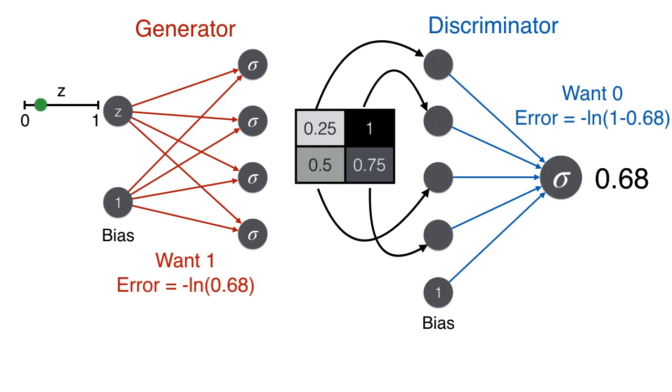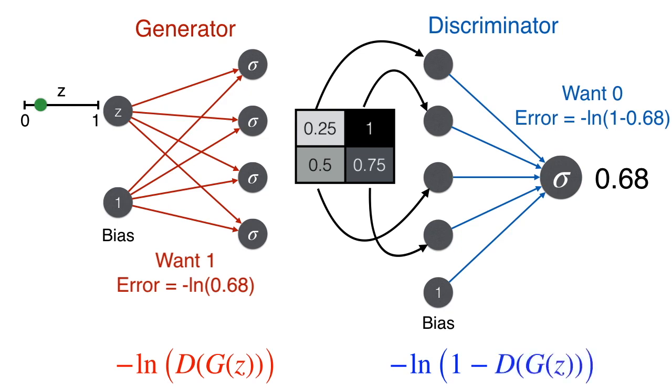In other words, if G(z) is the output of the generator and D(G(z)) is the output of the discriminator, then the error function for the generator is negative logarithm of D(G(z)), and the error function for the discriminator is negative logarithm of 1 minus D(G(z)).